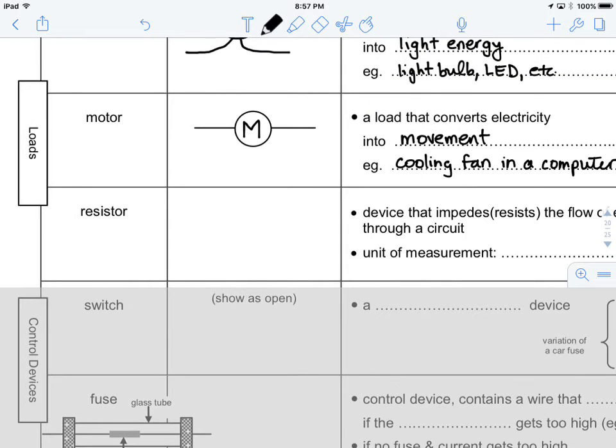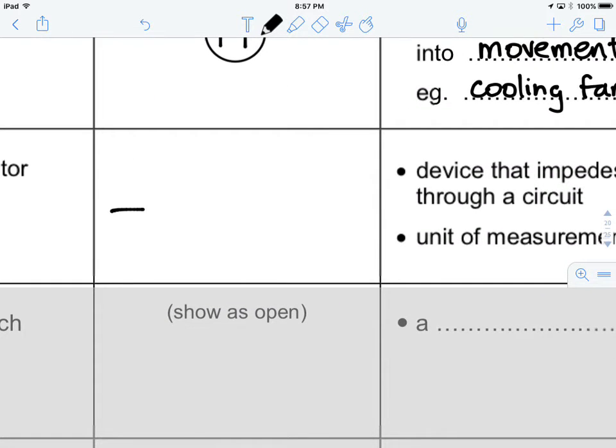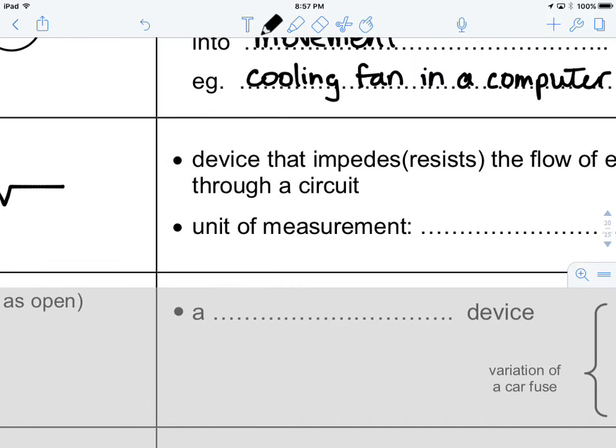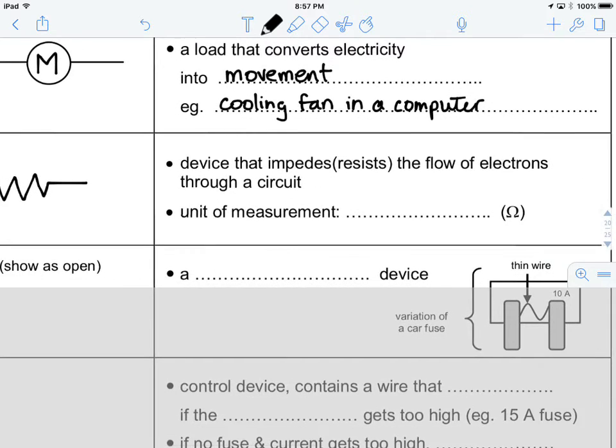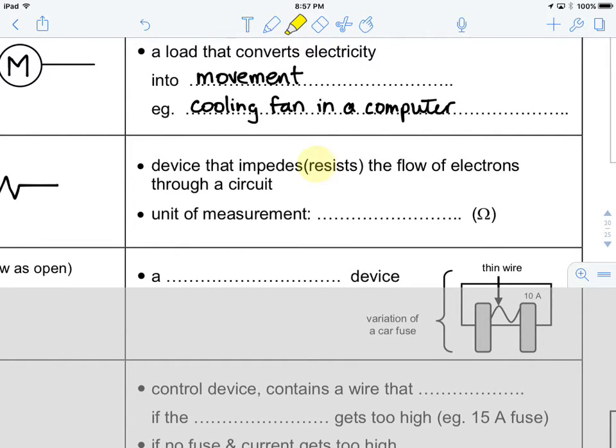All right, so a resistor is another kind of load that we can have in a circuit. And a resistor is like a zigzag line, okay? So this is the circuit diagram for a resistor. And this is a device that impedes or resists the flow of electrons through a circuit.